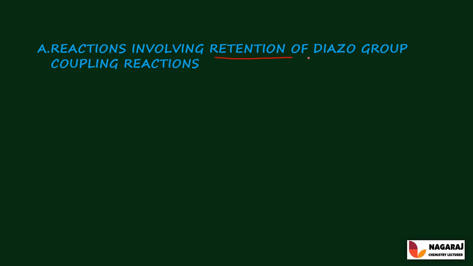That is, the diazo group is to be retained along with the reacting molecule, that is, the aromatic ring. Such reactions are generally called coupling reactions.